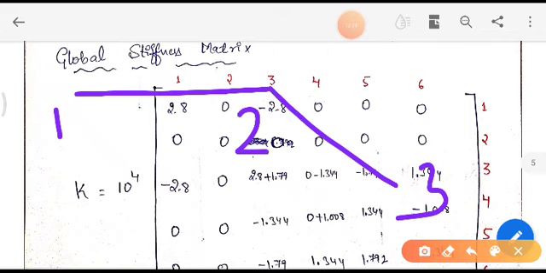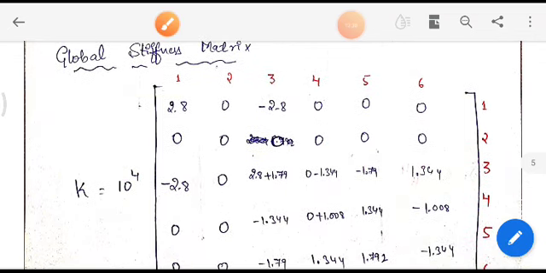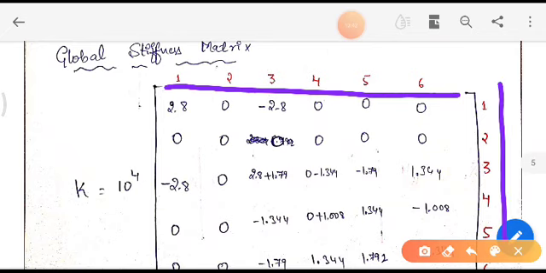We have 3 nodes, and each node has 2 displacements, which means 3 nodes give 6 displacements, so the global stiffness matrix should be a 6 by 6 matrix. So we have written 6 here and 6 here.